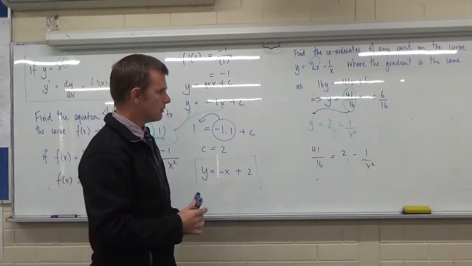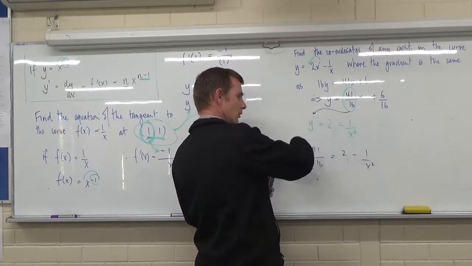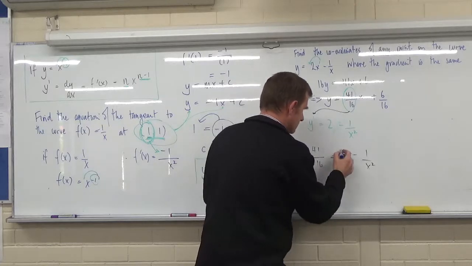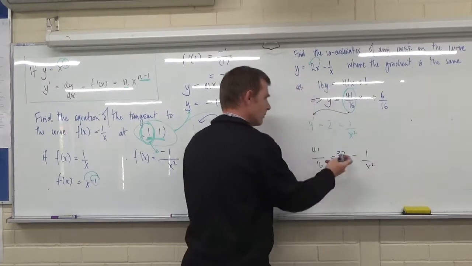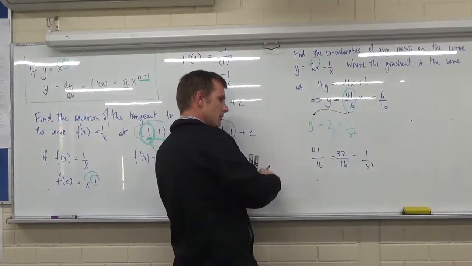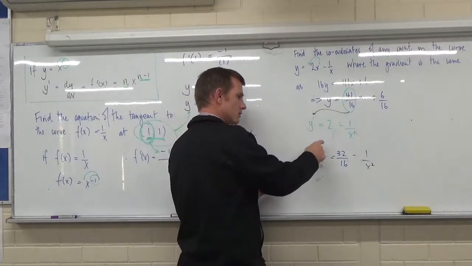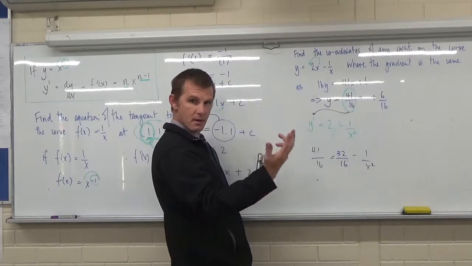What I am going to do is move the 2 over to this side, and I'm still going to make it 32 over 16. Can you see if I move that over to here, it becomes negative. It'll be 41 minus 32, which would be 9.